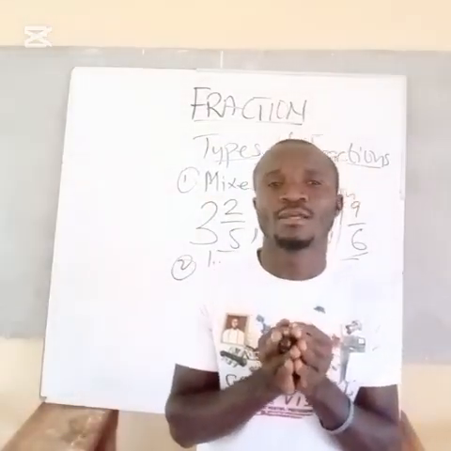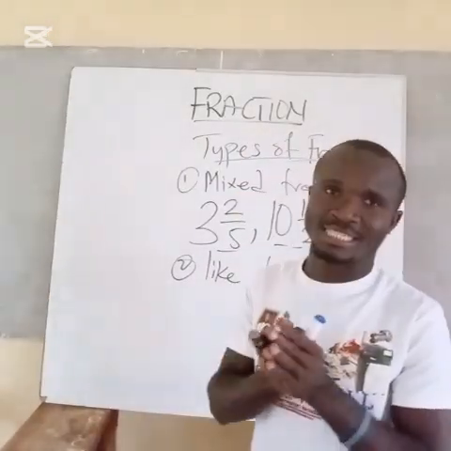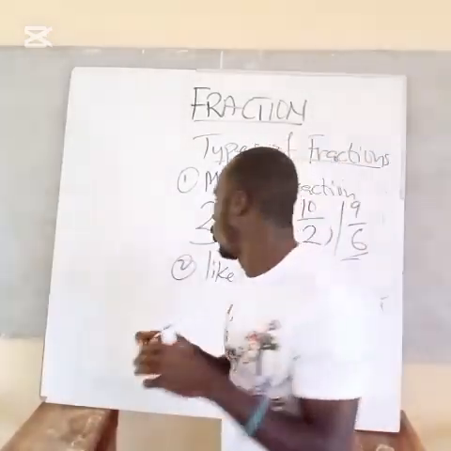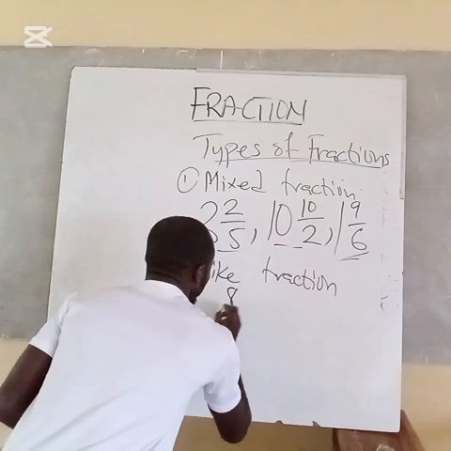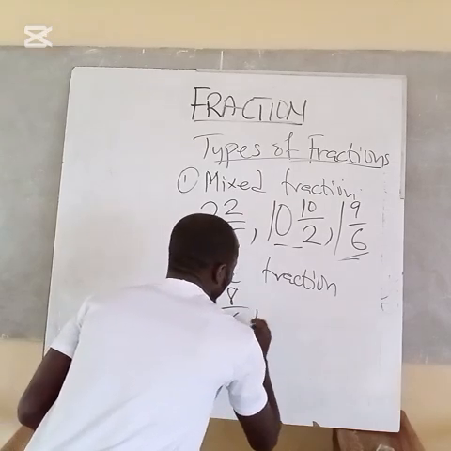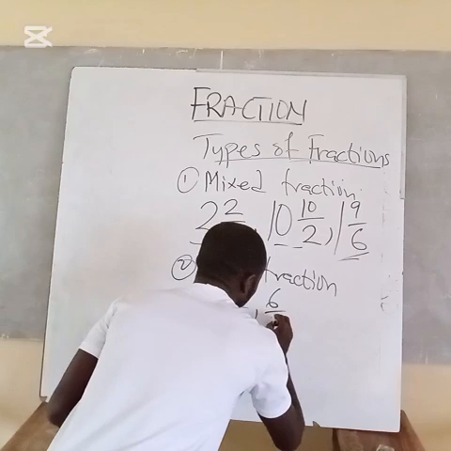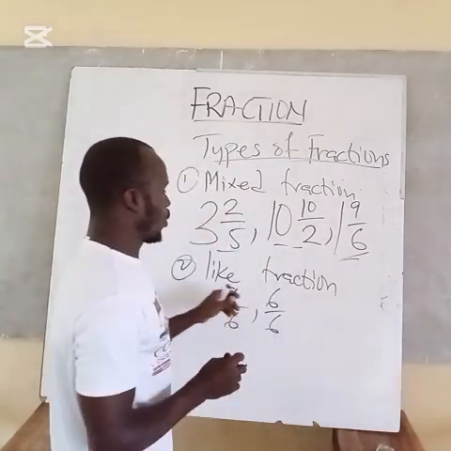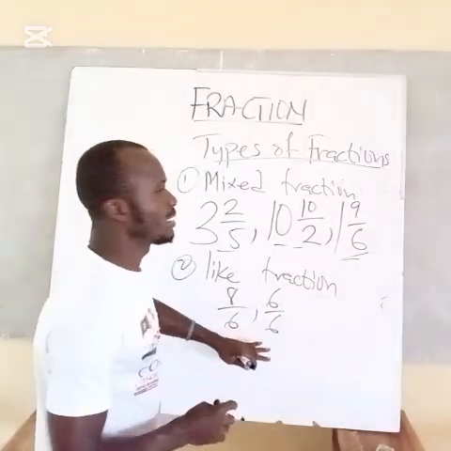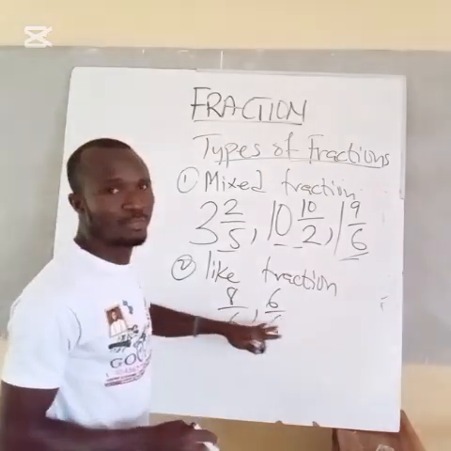That will be referred to as like fractions. So this one goes with two fractions. For example, 8/6 and 6/6. These are what we call like fractions. The denominators are the same.